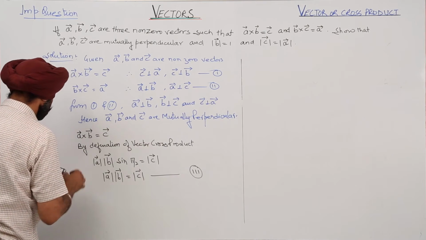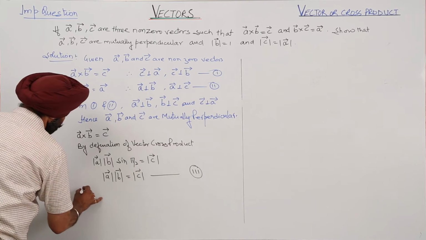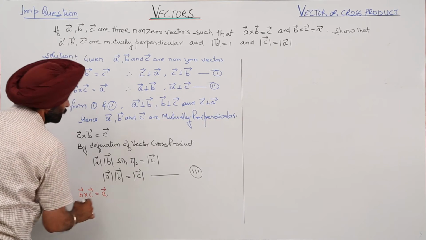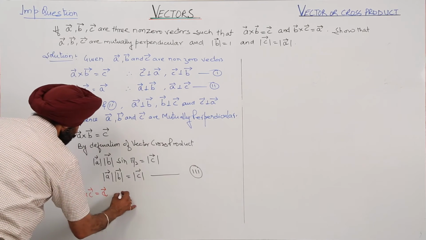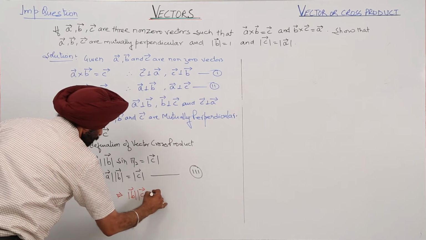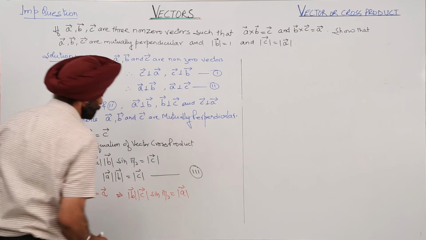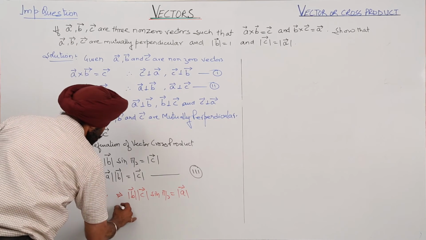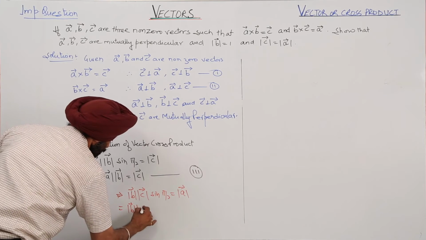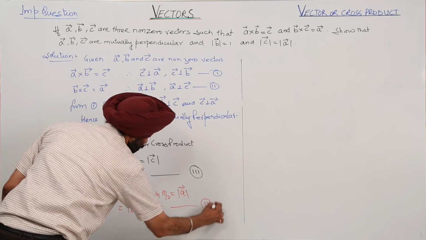Now again, second condition was vector B cross vector C is equal to vector A. Now this becomes magnitude of vector B, magnitude of vector C, sine pi by 2 is equal to magnitude of vector A. Okay, and this becomes magnitude of vector B, magnitude of vector C is equal to magnitude of vector A. Equation 4.